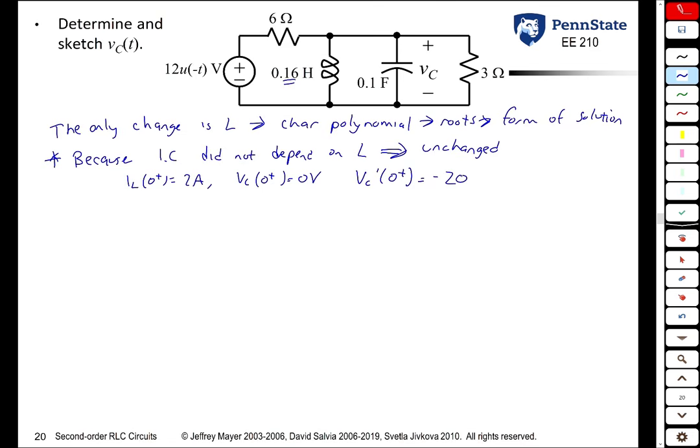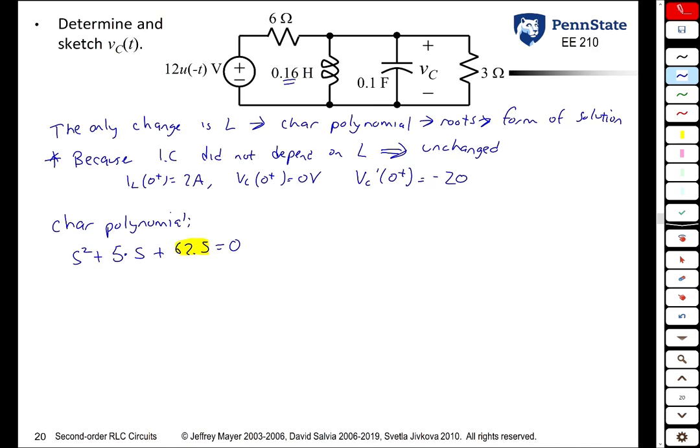Okay, but what did change is the characteristic polynomial, because the characteristic polynomial does have L in it. Remember, it's s squared plus 1 over RC s, so that doesn't change, plus 1 over LC. That does change. So because we changed L, this term changes.